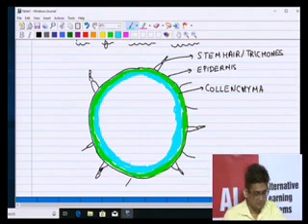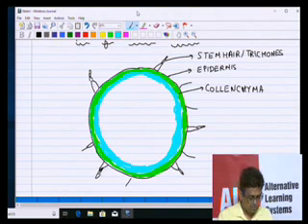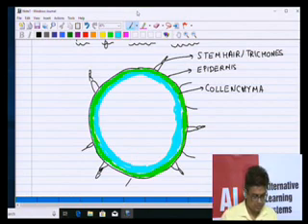Anyway, first of all there is collenchyma, then the cortex, and after the cortex basically the endodermis, and then there is the pericycle. So these parts are present here, right? So next part will be the pericycle.